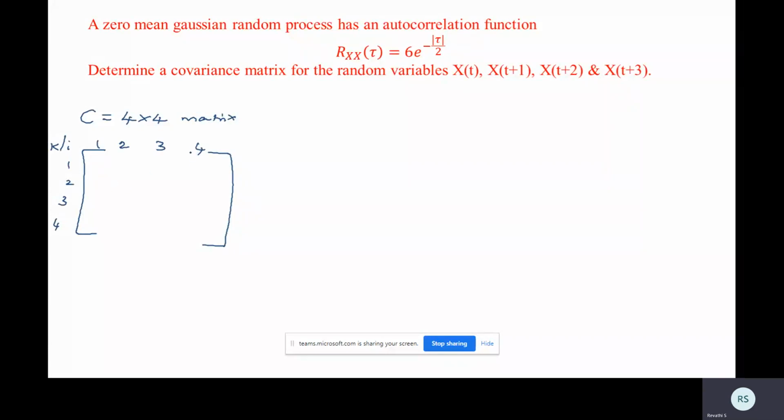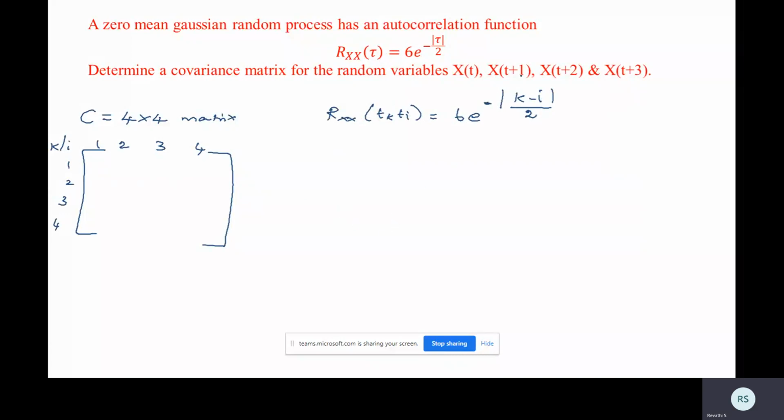Now what you have to do? They are not giving you any time instances over here. So instead you can take k minus i in the place of tau. Here you can write Rxx of tk comma ti is nothing but 6 e power, in the place of tau, you write modulus k minus i divided by 2.